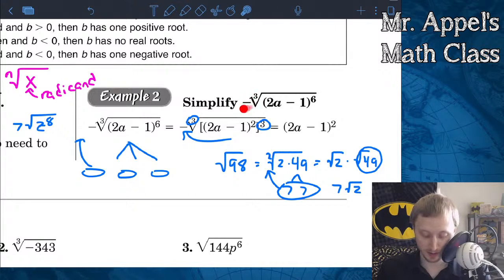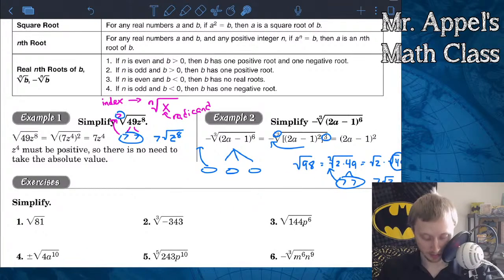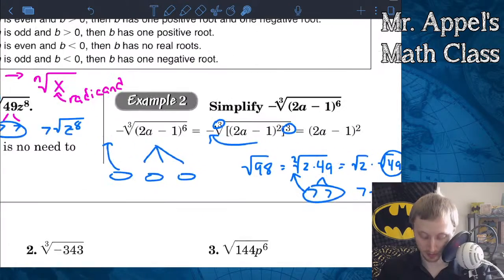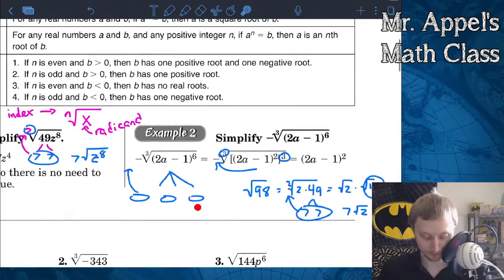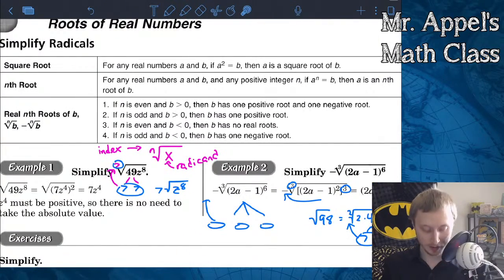Now, they do have this negative sign here. Don't let that throw you off, okay? Because that just means this, you want the negative of the cube root of all this. So we should end up with a negative value there. And that's where these listed rules come in.